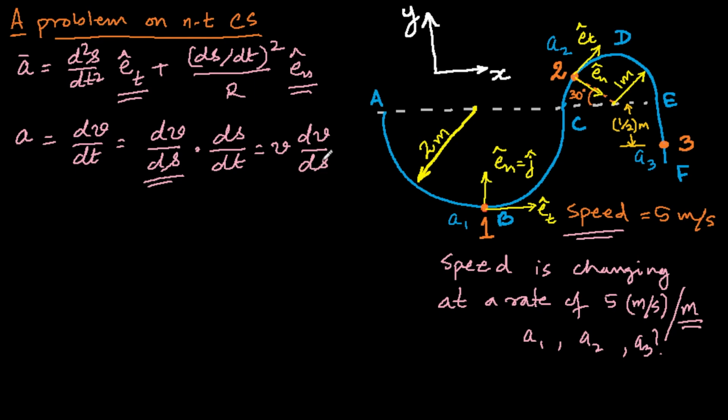Here everything we are talking in terms of the magnitude, so this is in a way speed. This is the rate of change of speed with respect to distance, and this is the rate of change of speed with time, the time rate of change of speed.